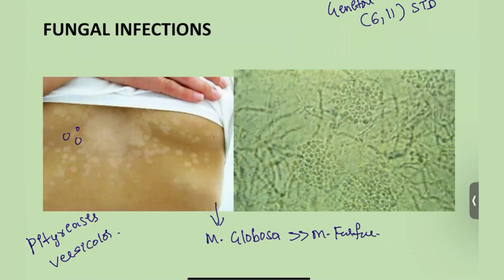Here you can differentiate between the hypo or hyperpigmentation of the skin and the lesions. It mostly involves the trunk. On the histology, you are going to see a meatball appearance and a noodle appearance, so that's why it is known as the spaghetti and meatball appearance.